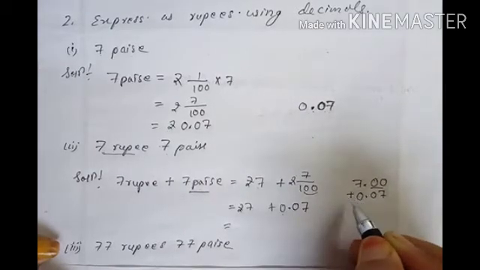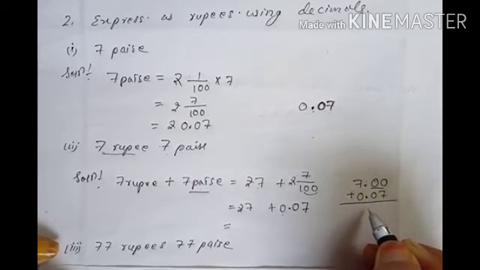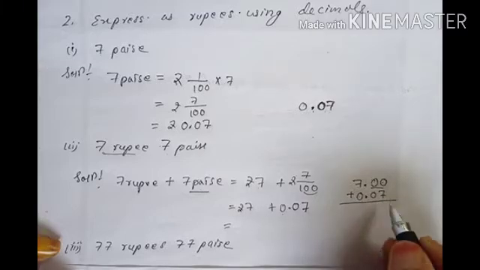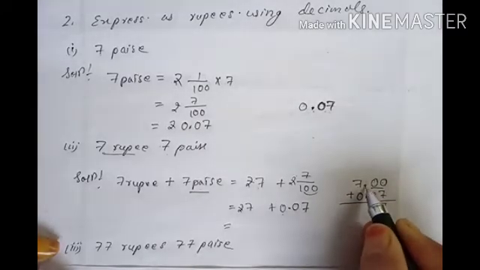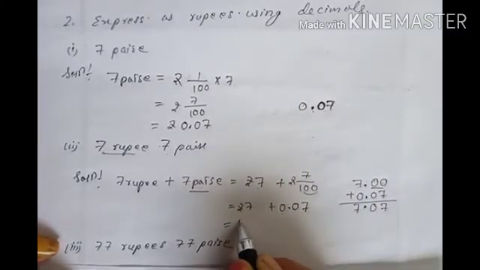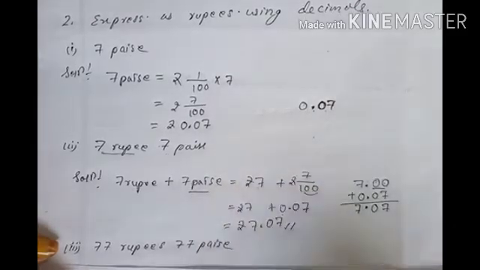Now if you will plus this, the decimal points should be in a straight line. Now 0 plus 7 is 7 and 0 plus 0 is 0. Now the decimal will come down. 7 plus 0 is 7. So how much we got? Rupees 7.07. So this is your answer.